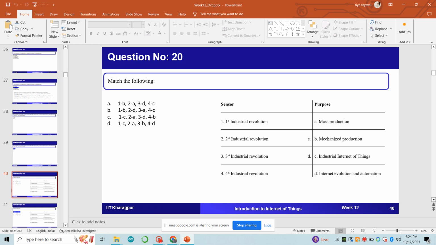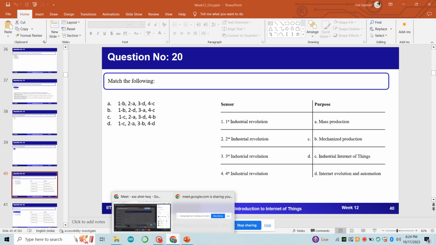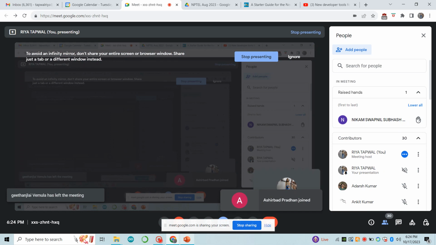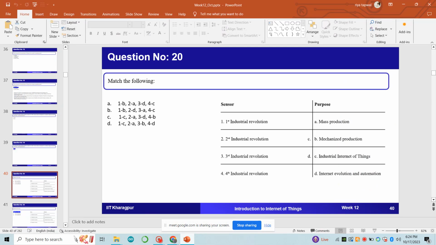But industrial revolution is option A. Anyone else? Option A, ma'am. Right, option A is correct.